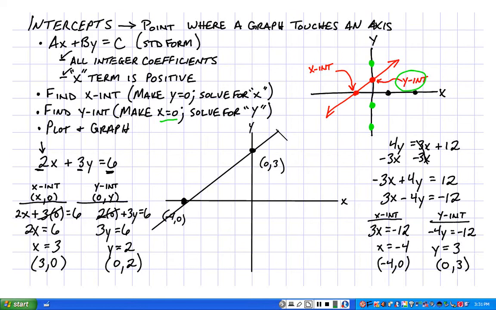That's not good. Let me see if I can move it? No, that didn't work. Try this again. Picking bad points.